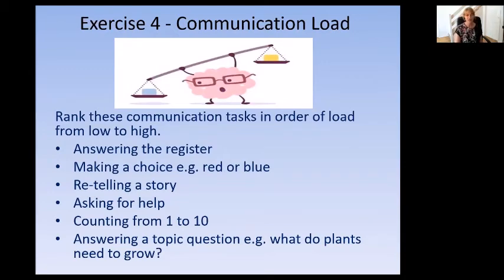So your next exercise is to rank these different communication tasks: answering the register, making a choice, retelling a story, asking for help, counting from 1 to 10 and answering a topic question in order of what you think are the least to the highest communication load. Pause the video for a few minutes and have a go.